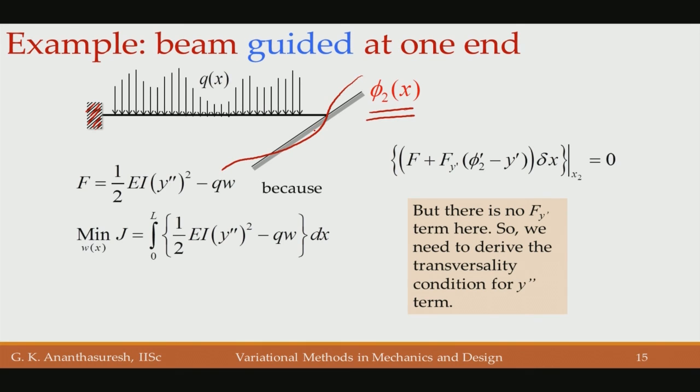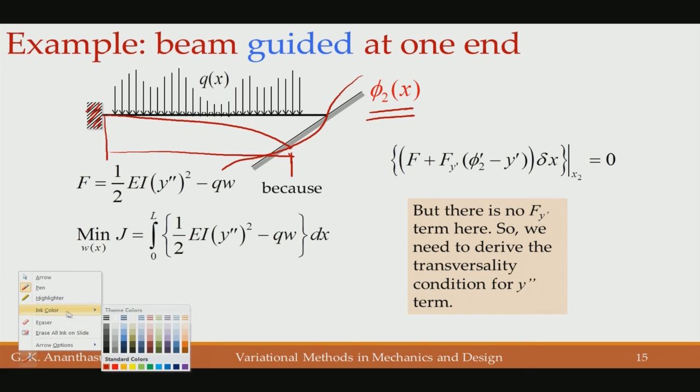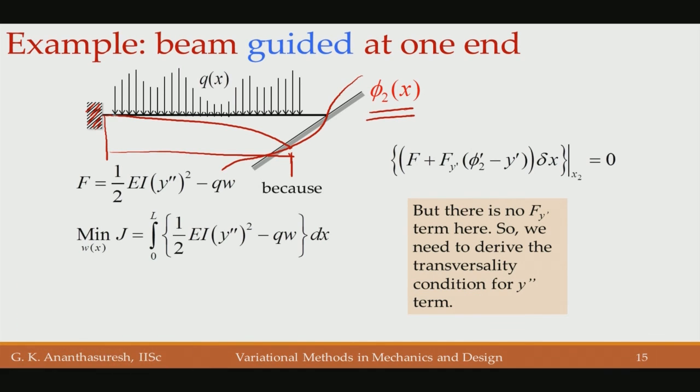So, what is x 2 for this beam we do not know, because if the beam bends like this, that is from here to here only. On the other hand, if the beam bends like that, then the domain is from there to here. So, it is a variable end condition.